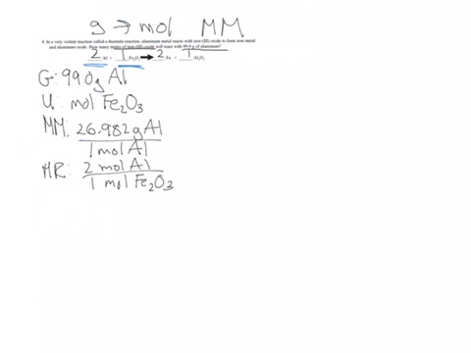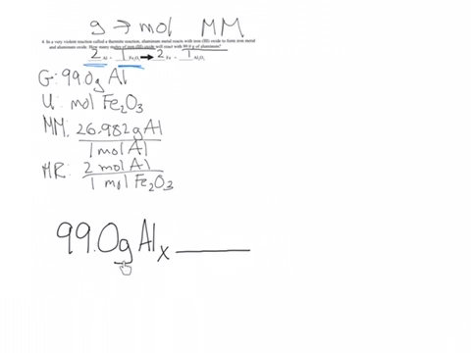Okay, let's set up our dimensional analysis. In every dimensional analysis problem, we start with our given as the beginning. And then we need to figure out what our next step is to convert. Follow the units. We're given grams, and we know that we can't go from grams of one substance to moles of another substance in one step.